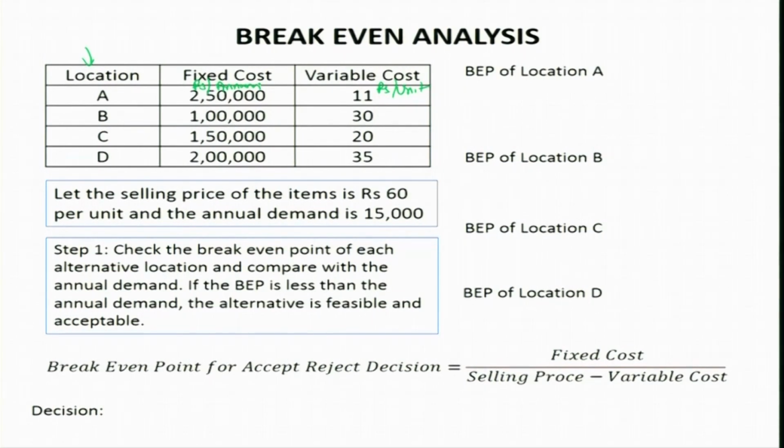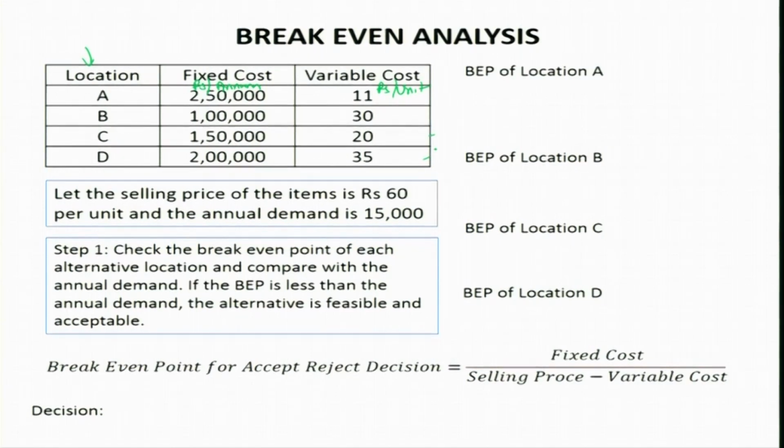Location C has a fixed cost of 1,50,000 and variable cost of rupees 20 per unit, and location D has a fixed cost of 2 lakh and variable cost of rupees 35. This information can be easily taken from the costing department, who maintain all such data and can very easily provide us the numbers.